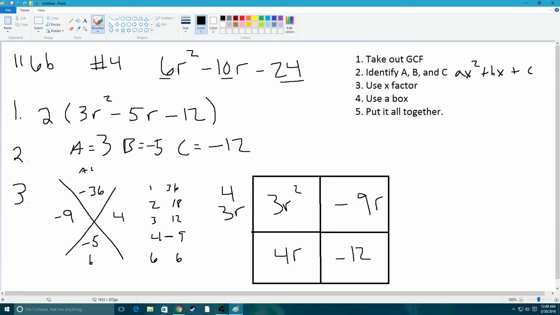And 3r times what gives us 3r squared? That would be an r. And 3 times what gives us negative 9? That would be a negative 3. And r times what gives us 4r? That would be a positive 4.